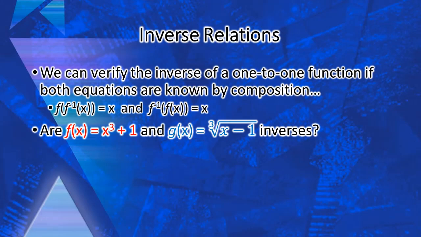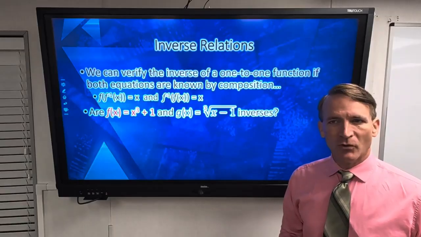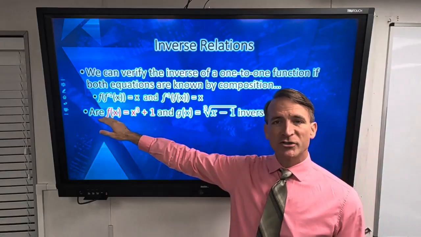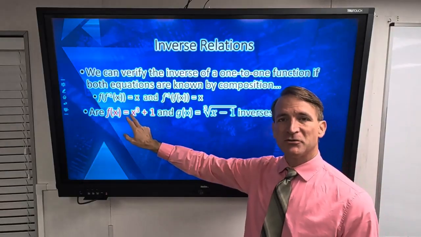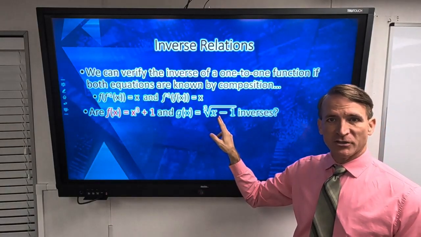Let's say one function is x cubed plus 1, and I've determined that I think my inverse function is the cube root of x minus 1. Well, how do I know for certain that that is true? I'm going to do a composition. So I'm going to take my original function, f of x, and instead of my x term, I'm going to substitute in my g of x function.